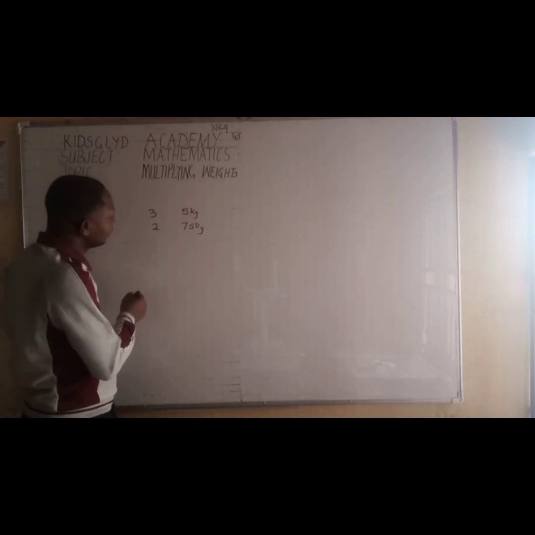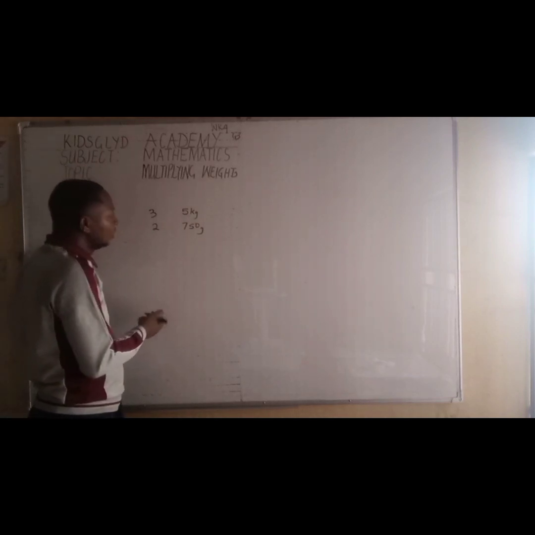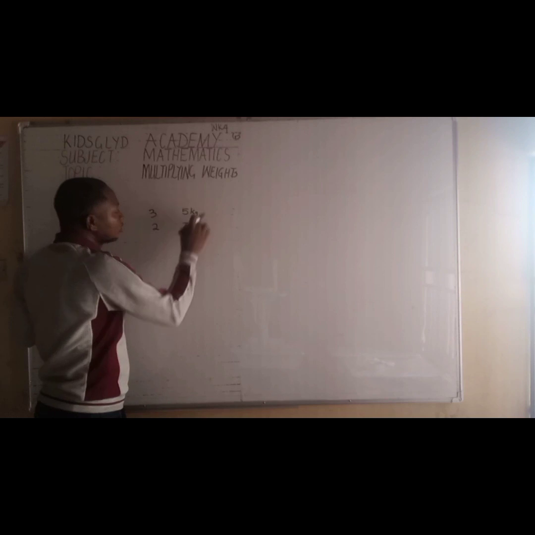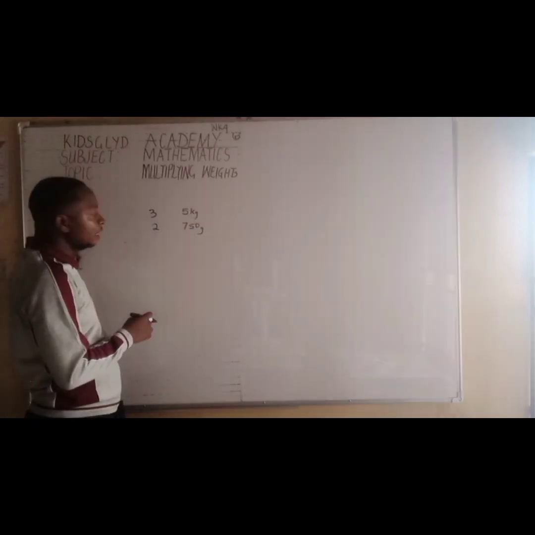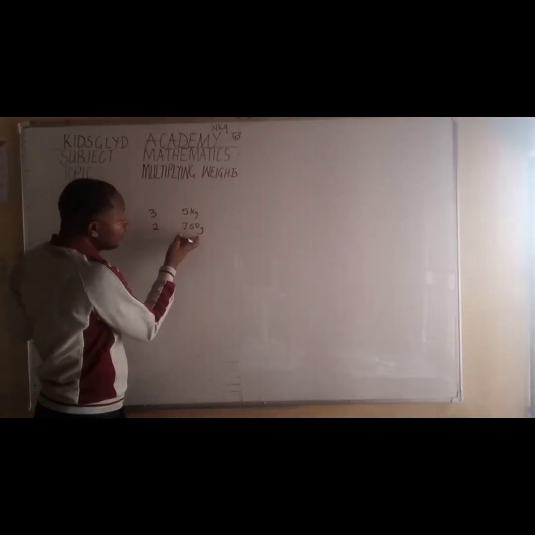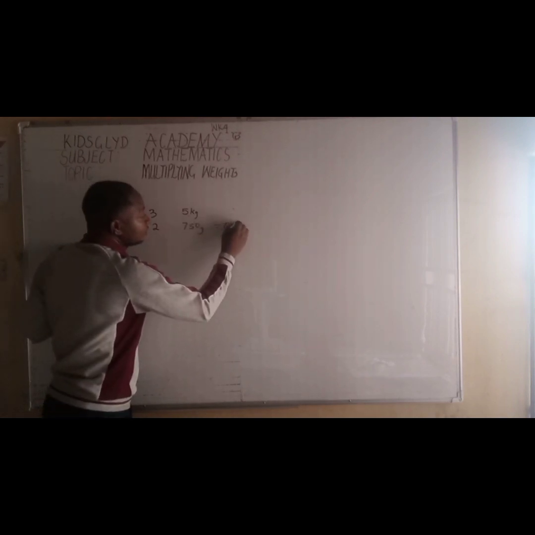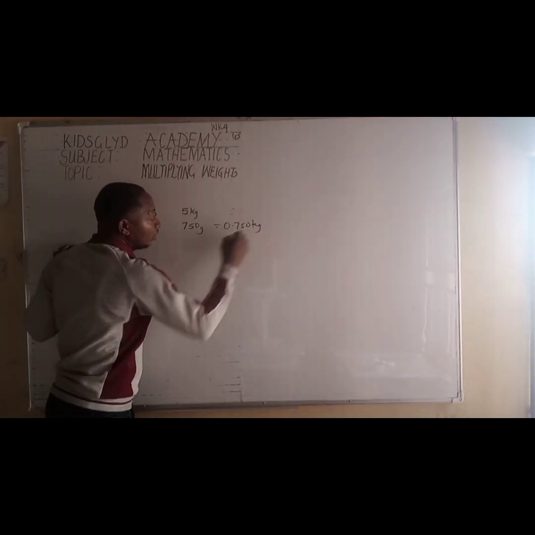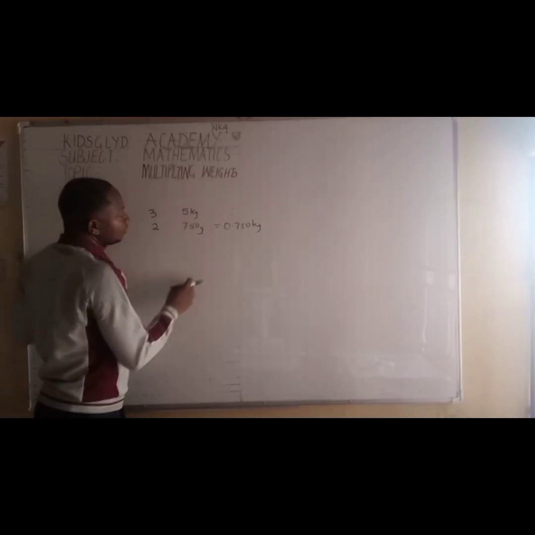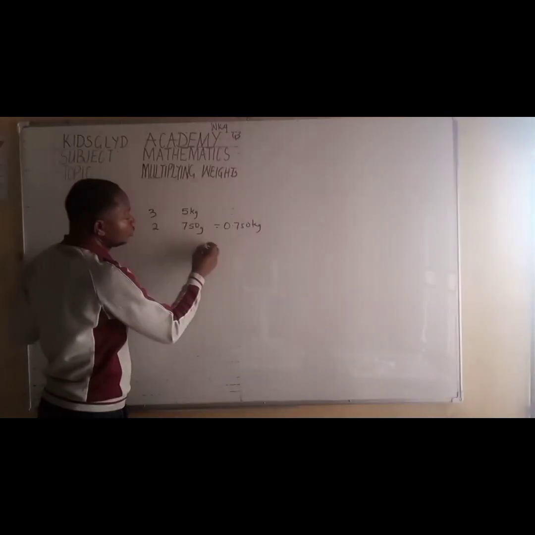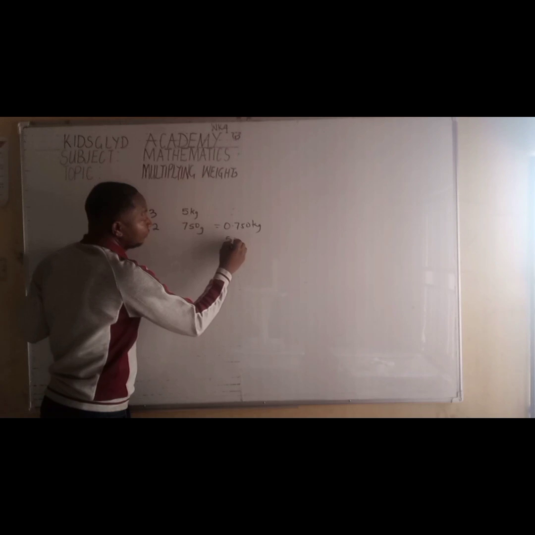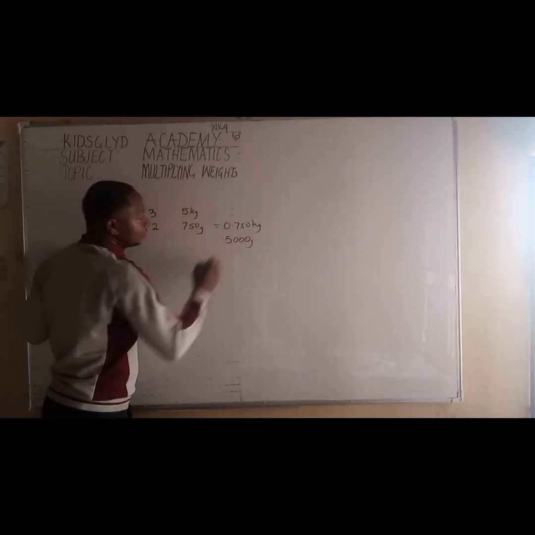How do we get the total weight of this? First of all, both of them must have the same unit. It's either you convert 750 grams to kilograms, so that you will have 0.750 kilograms, or you change 5 kilograms to grams, so that you will have 5,000 grams.